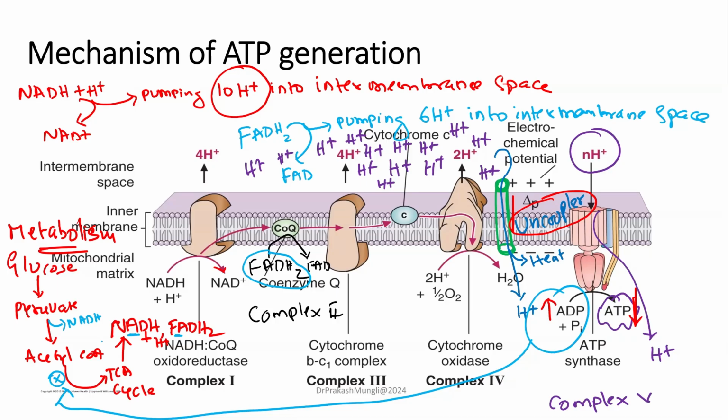Your cell is trying to increase metabolic pathways, increase catabolism, so trying to increase NADH in the hope that these will be oxidized and able to build a sufficient gradient to get ATPs, but it won't be 100% successful. So your free flow of protons will continue to happen, and that means ATP levels continue to be down, ADP levels continue to be up, and it keeps on stimulating these oxidation pathways continuously.